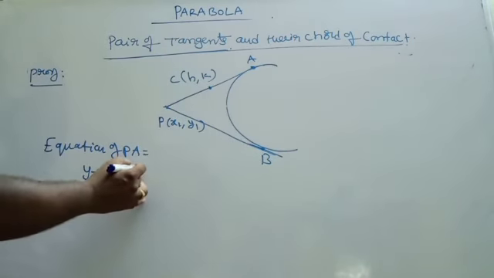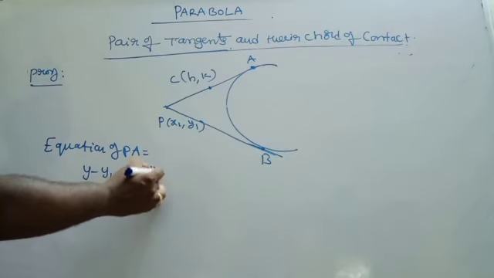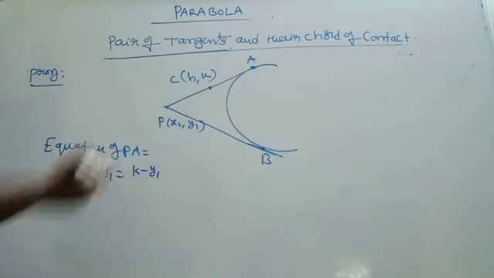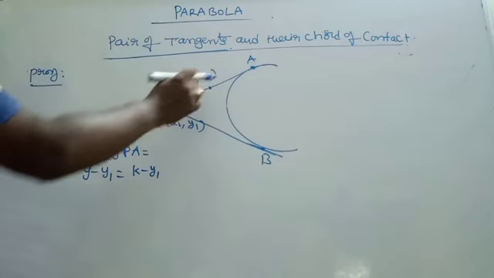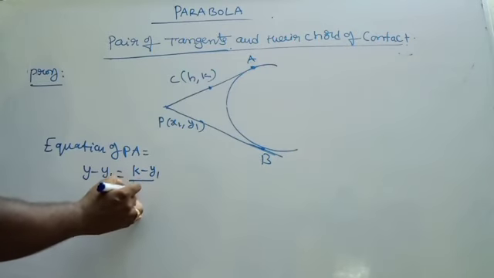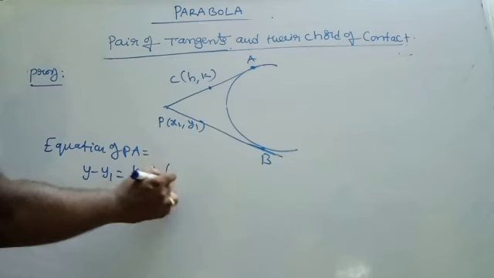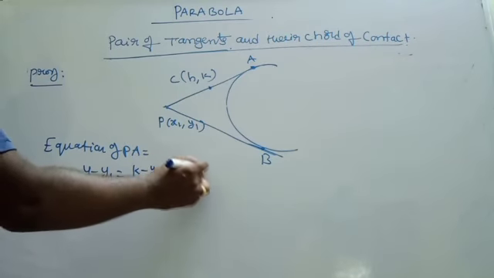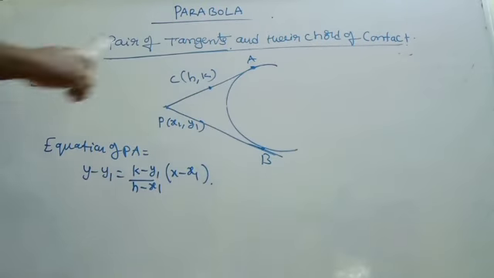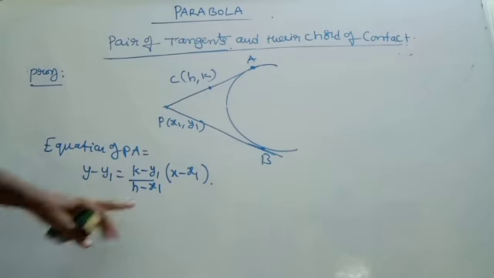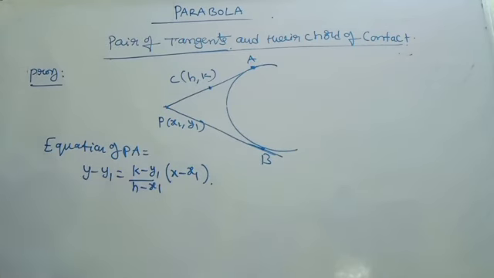If two points are given, you know how to find the slope: (y2 − y1)/(x2 − x1), which here is (k − y1)/(h − x1), times (x − x1). This is the equation of the tangent PA: y − y1 = (k − y1)/(h − x1)·(x − x1).